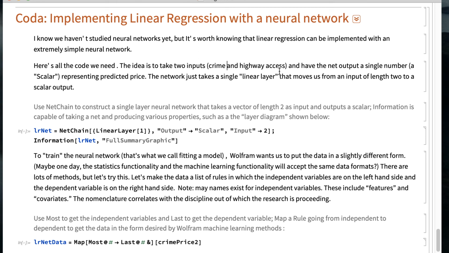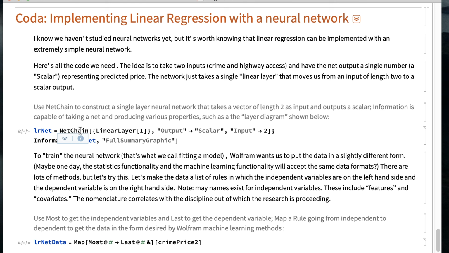It's going to have just one layer, and a layer is sort of a word for a fancy function that moves us from an input of length 2, crime and highway access, to a scalar output, just a number, the likelihood of surviving. I'm sorry, we're out of Titanic land. We're back in Boston housing land. So we have got crime and access, and we're going to try and predict the housing price.